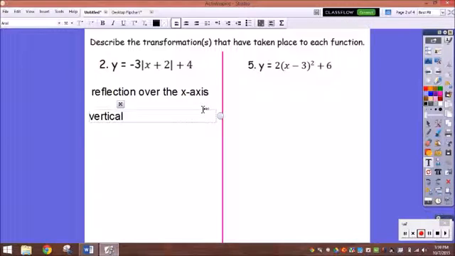And then the next thing you have to determine is if it's a stretch or compression. And the rules for vertical dilations are if the number is greater than 1, it's a stretch. If it's between 0 and 1, it's a compression. So this will be a vertical stretch.